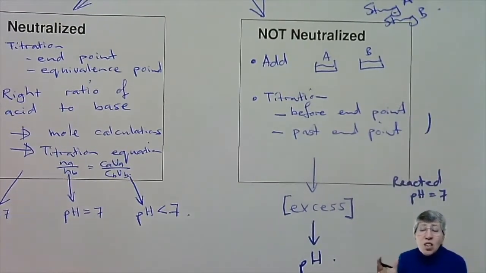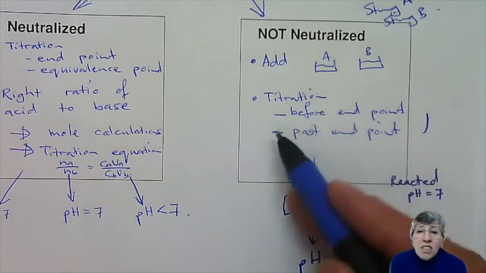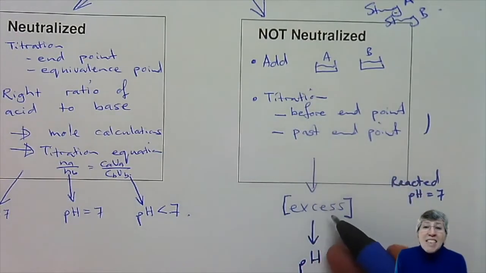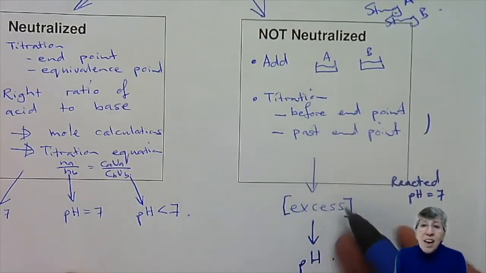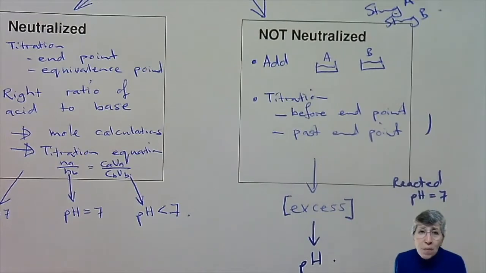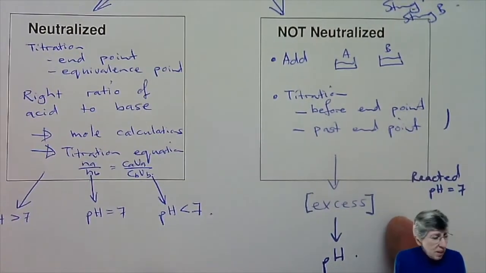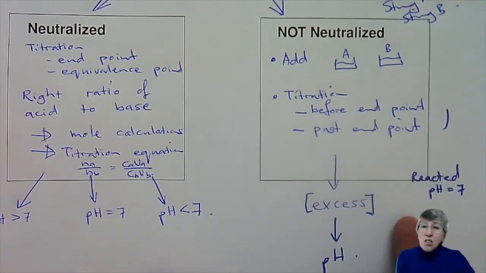So they did not add or subtract to the pH. So the ones that reacted we can ignore, and we just want to know how much is in excess of which one, and that will determine the pH. Now we are going to look at two examples to see how this is asked.